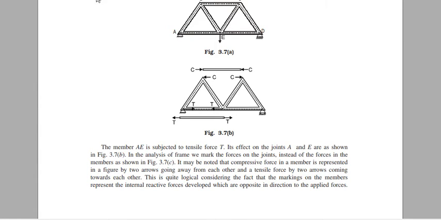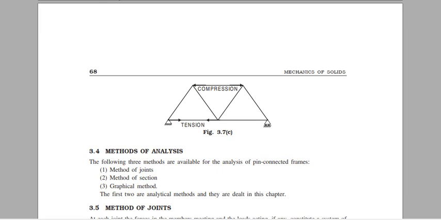This is quite logical considering the fact that the markings on the members represent the internal reactive forces developed, which are opposite in direction to the applied forces. Compression and tension in Fig 3.7, C.